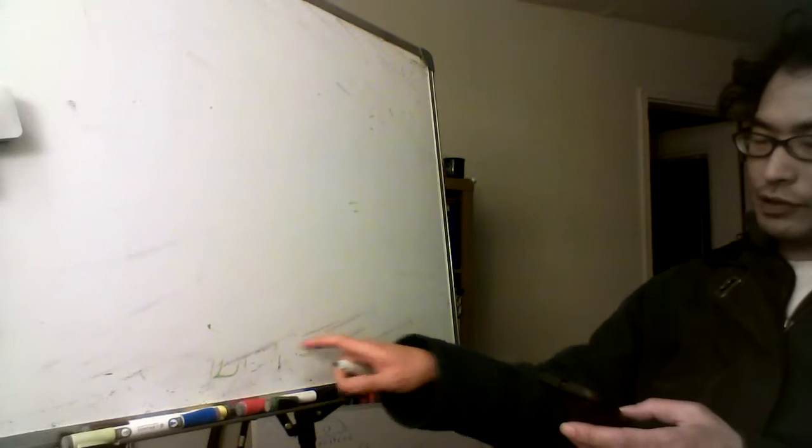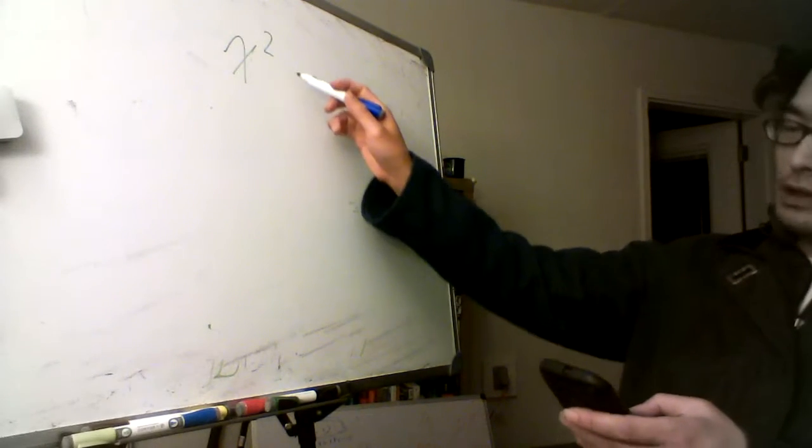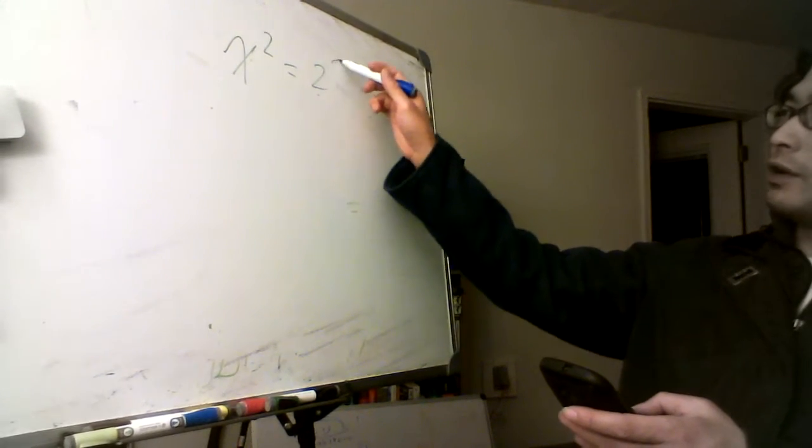So this professor with a mathematics PhD explained that x squared is equal to 2 to the x, alright?